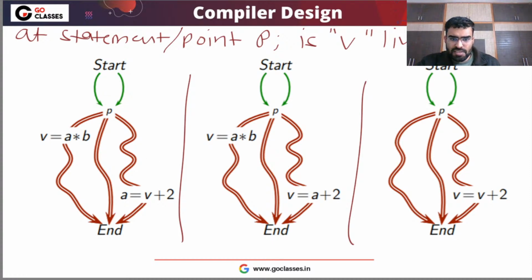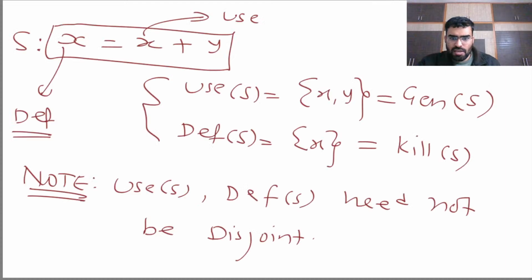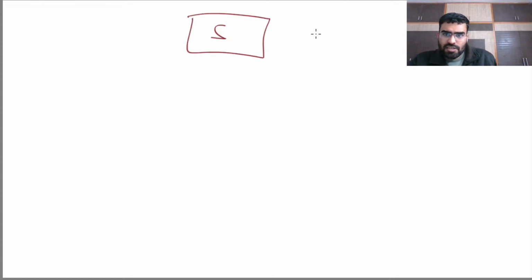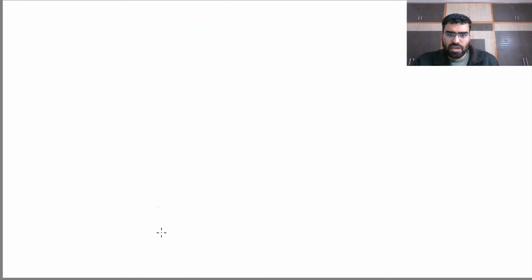Remember, when we say that a variable is live, it simply means that you are using it. Let us assume you have a statement s. When can we say that v is live here?